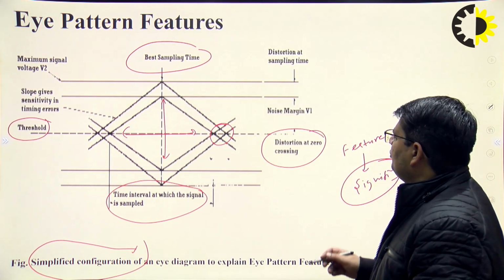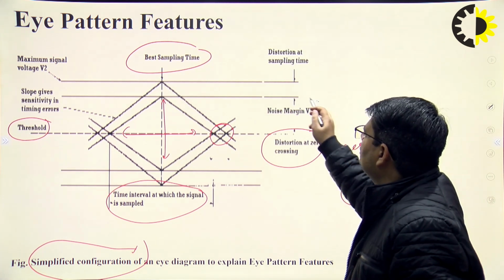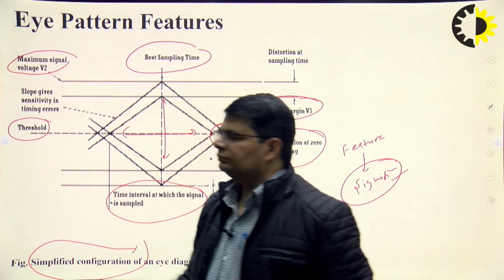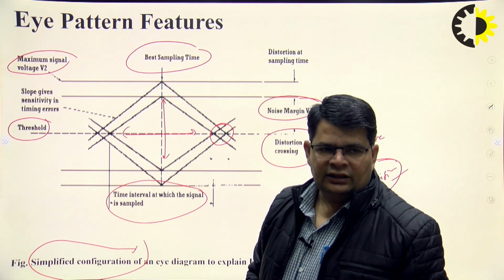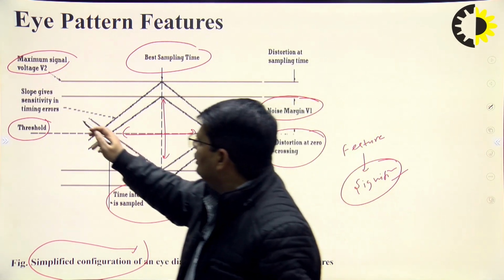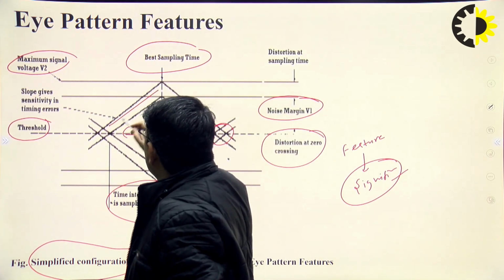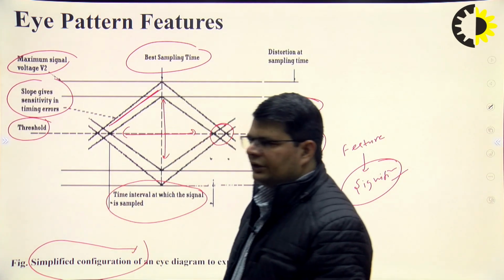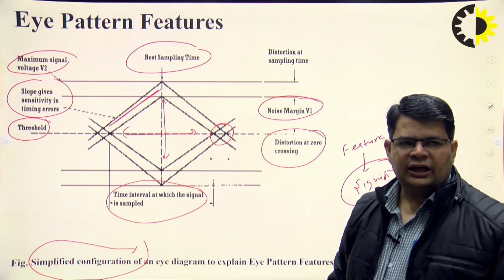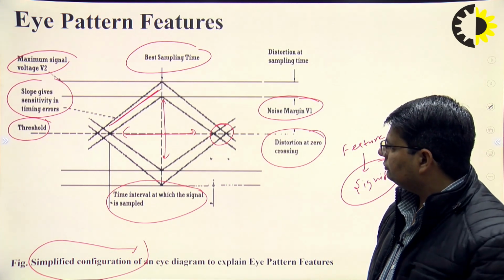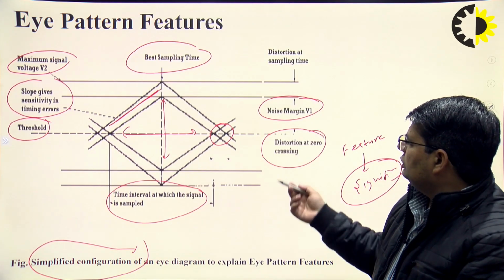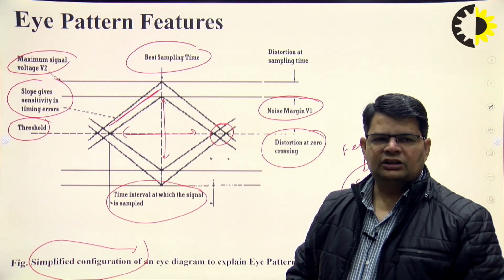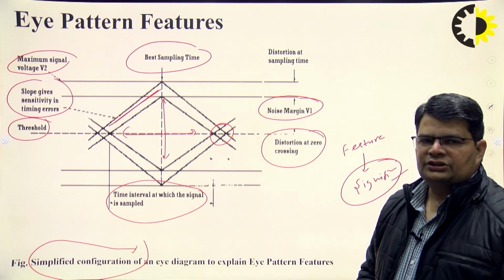Another that we can calculate is the noise margin by calculating V1 and V2. Then another feature we were discussing is the slope of the eye. Slope of the eye is telling us about the sensitivity towards the timing error or synchronization errors. So these are the various features that can be used for analyzing the performance of the communication system.